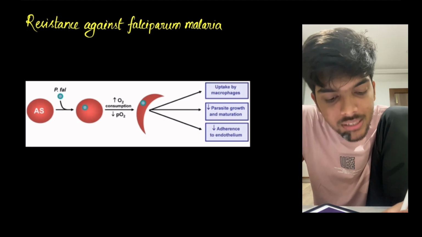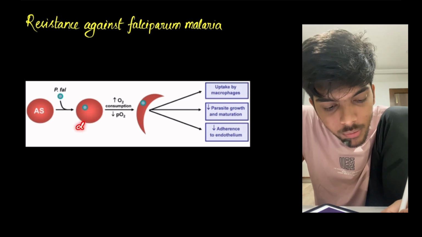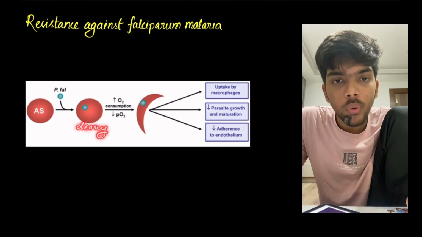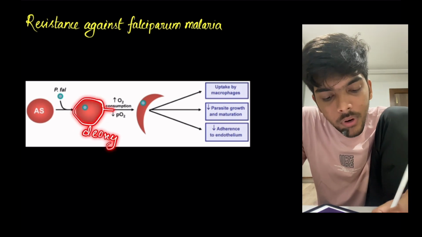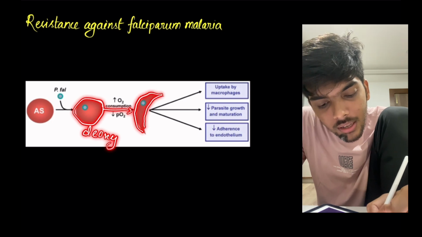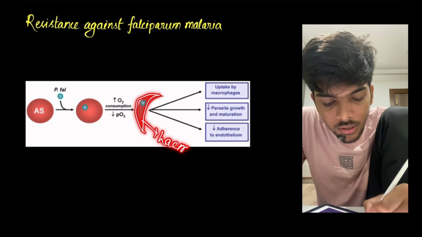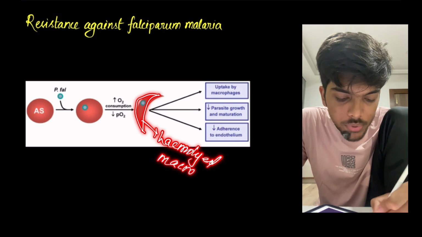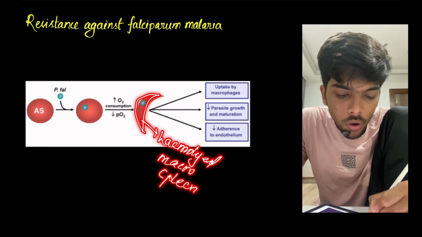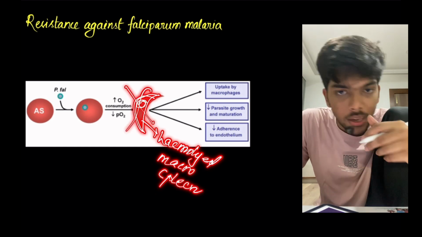As a result, the partial pressure of oxygen inside decreases, or basically it becomes deoxygenated. When the mutated RBC becomes deoxygenated, it gets converted into a sickle cell. This sickle cell gets hemolyzed in the macrophage of the spleen. And this is how, along with the RBC, the parasite also gets killed.